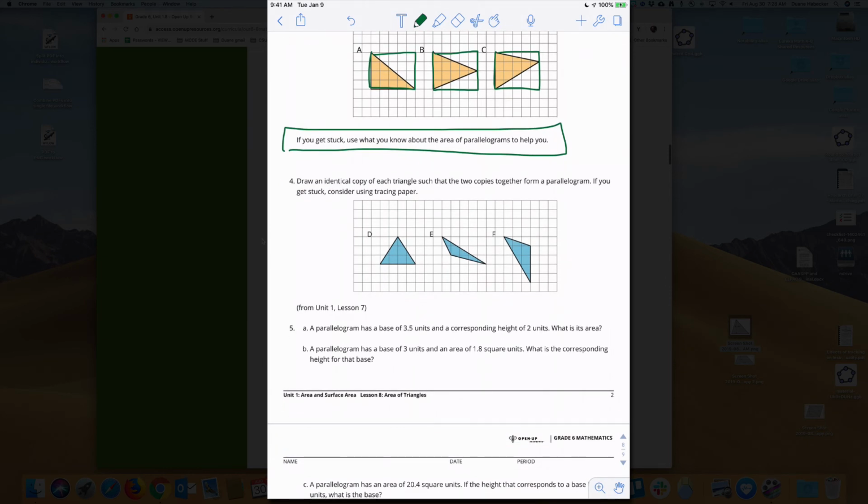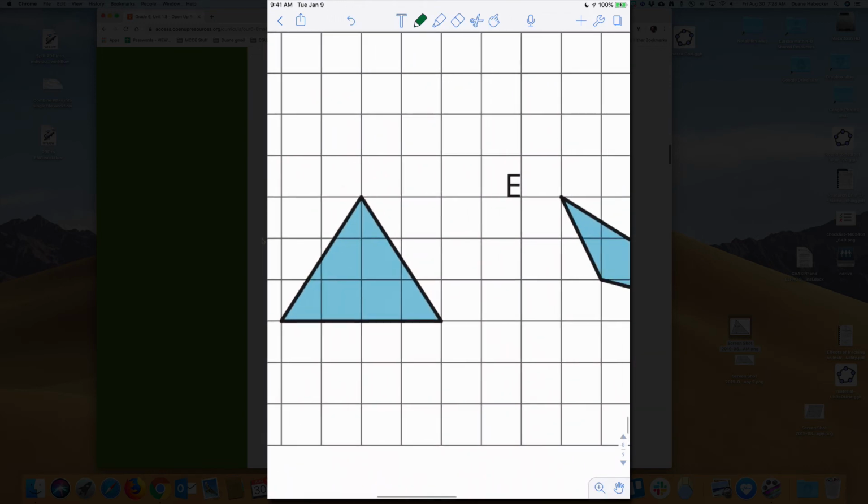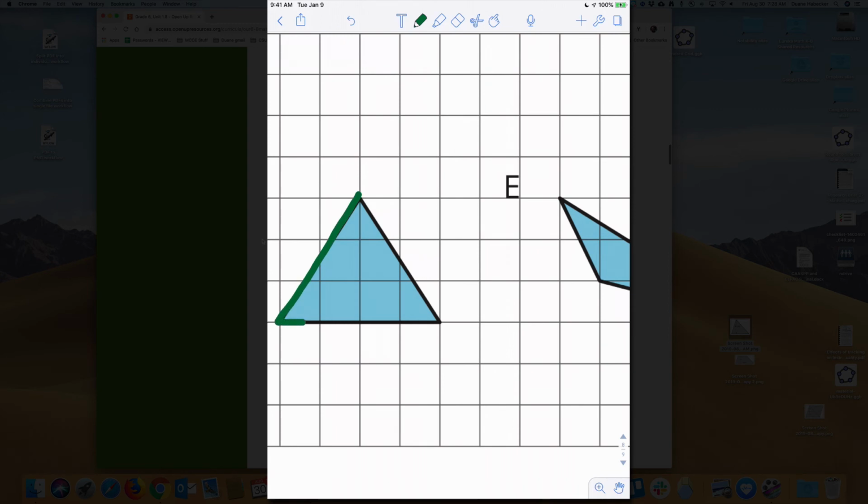So here, number 4, draw an identical copy of each triangle such that the 2 copies together form a parallelogram. All right, so we got to make an identical copy. So there's my original triangle, and I make a copy of it, and let's see.